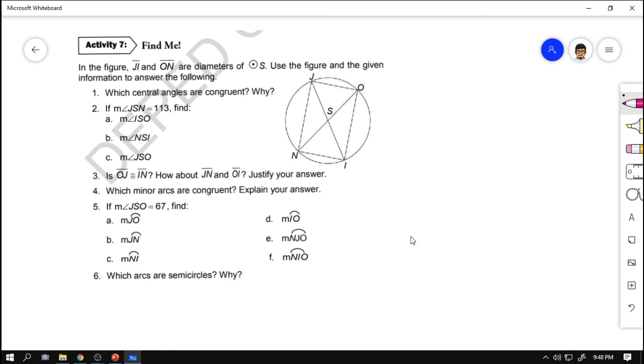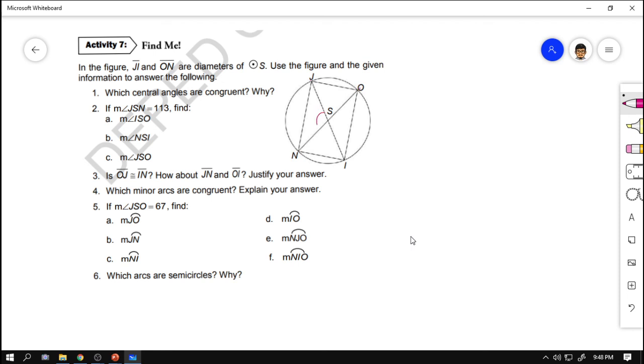In the figure, sabi niya, si JI at saka si ON are diameters of circle S. Use the given information to answer the following. Which central angles are congruent? Nasaan dyan na magkaparehong angle? At bakit? If JSN is 130, angle JSN.